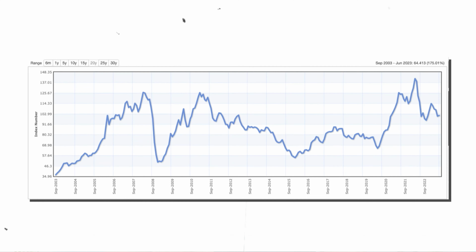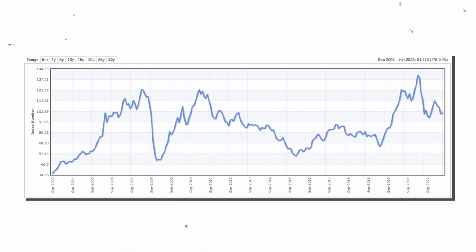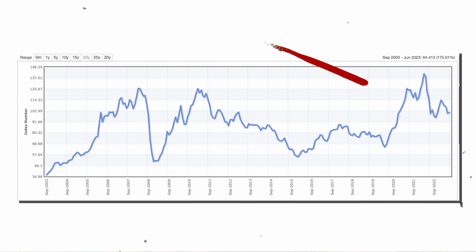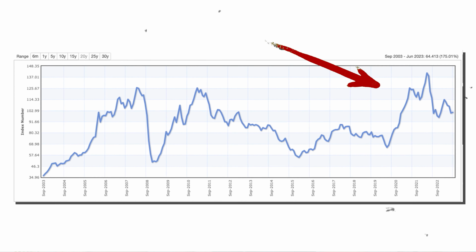We can see the cyclicality in terms of the iron ore prices, right? And we can see that in the last 2 years, there has been a sharp increase. This was probably because of the supply chain disruption because of COVID, and there were a bunch of factors. And this unusual pricing environment took place over the last 2 years, and therefore the company benefited immensely.